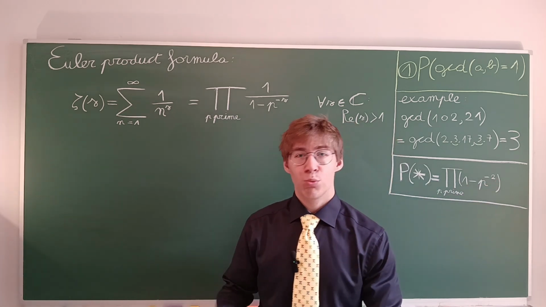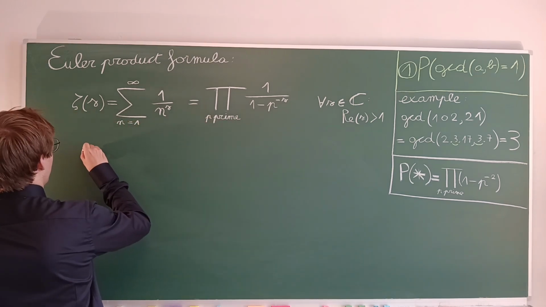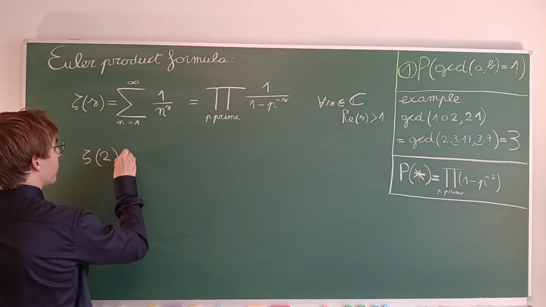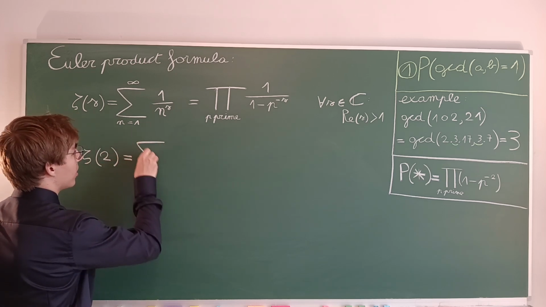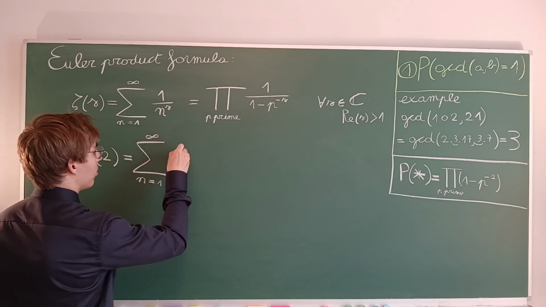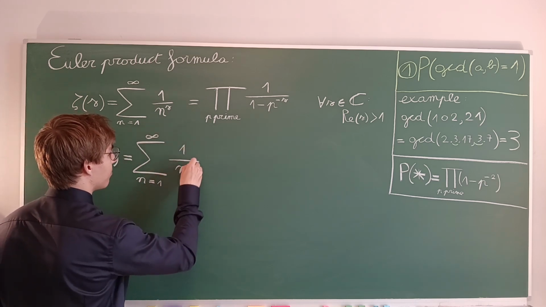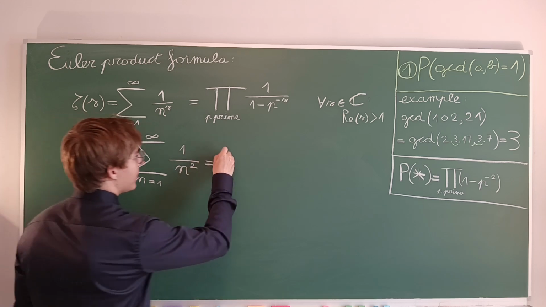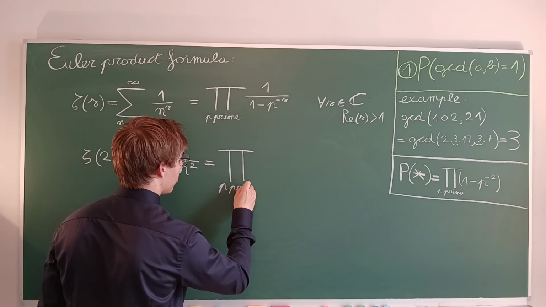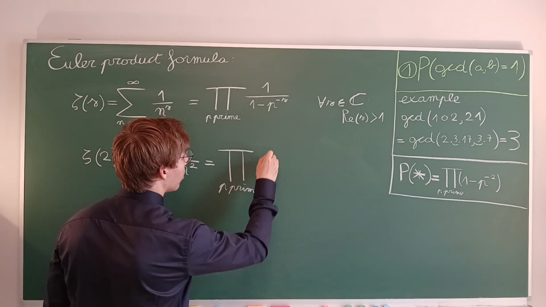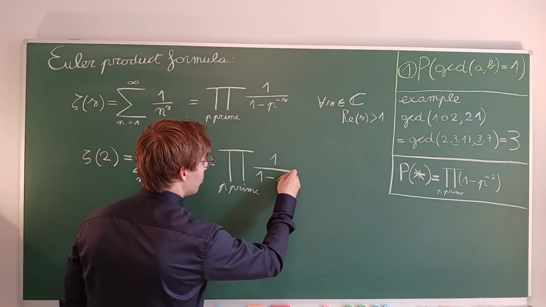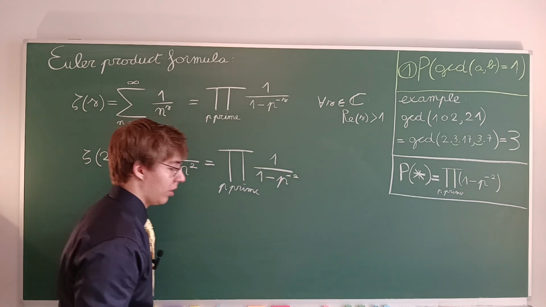So let's write down what we need. We need zeta of 2, which is this infinite sum, 1 over n squared, and it is equal to this product over primes, 1 over 1 minus p to the minus 2.